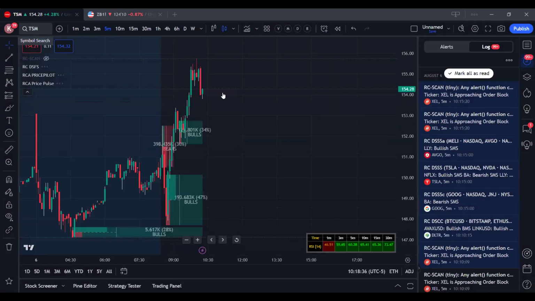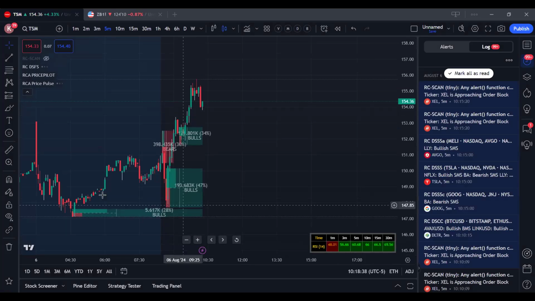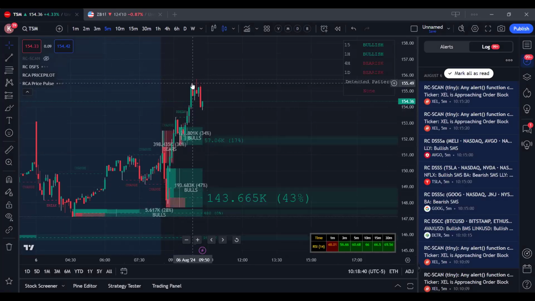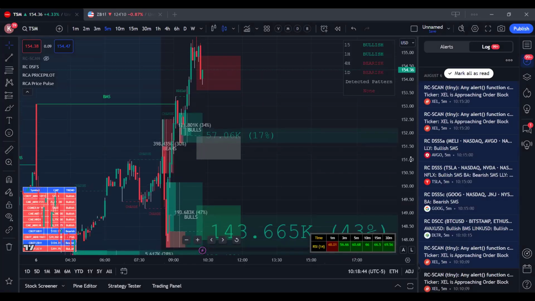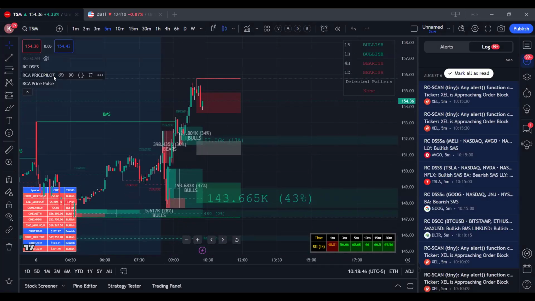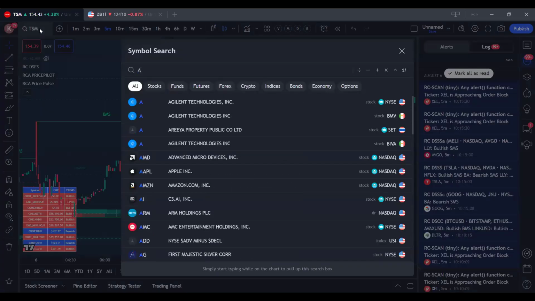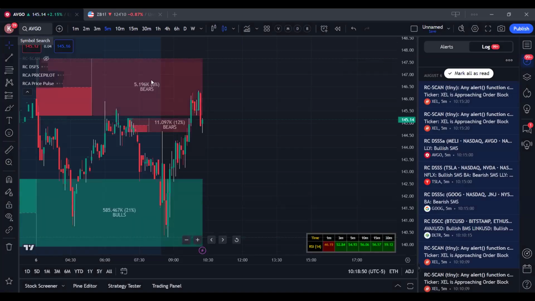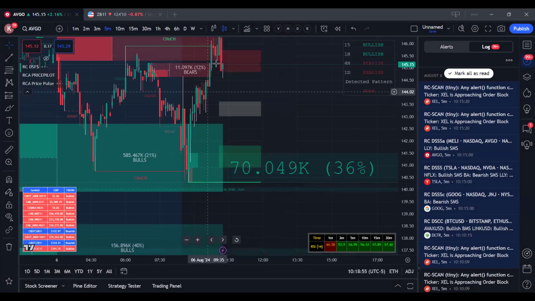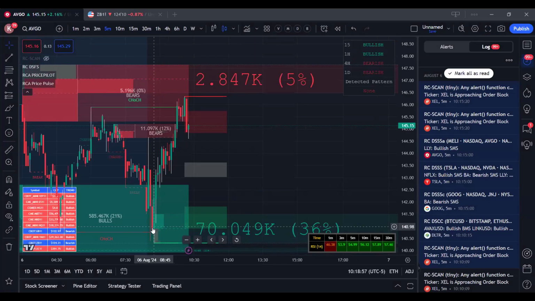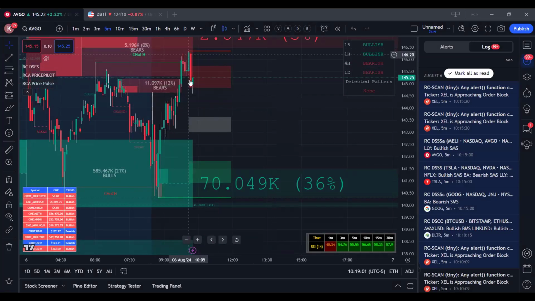Then TSM went all the way to the top. AVGO also went all the way to the top. Now there can be a small pullback and then you can go further up.